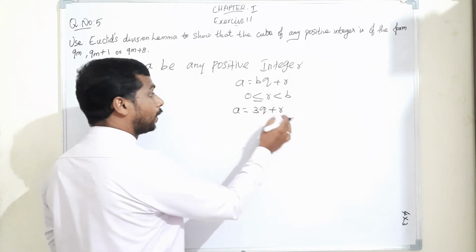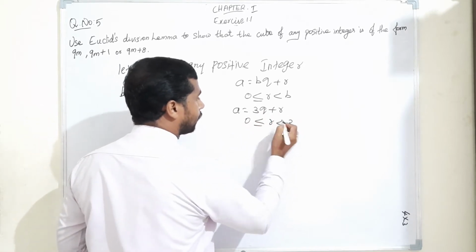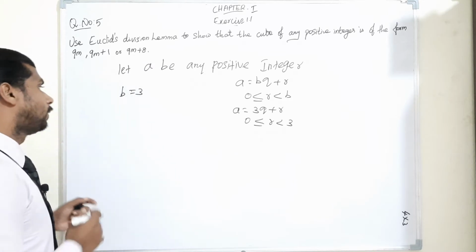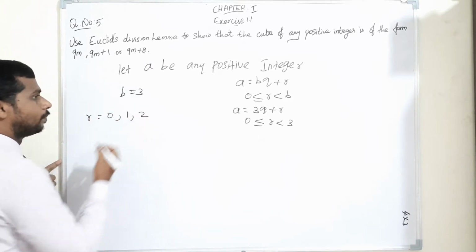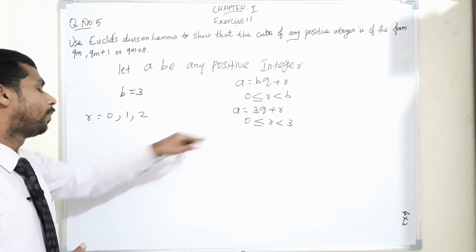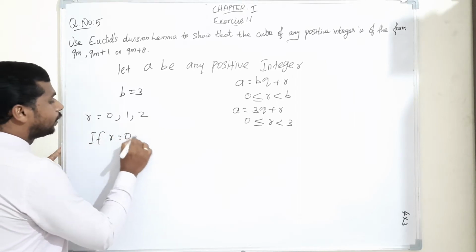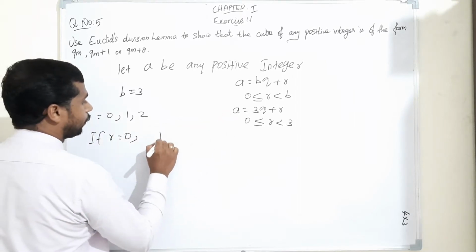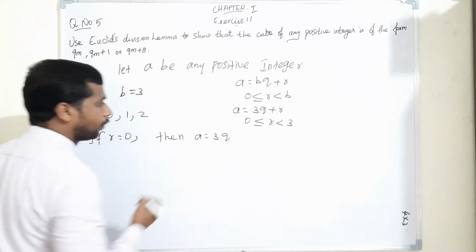Remainder less than 3, so the possible values of remainder are r equal to 0, 1 and 2, isn't it? So one by one we have to apply. If r is equal to 0, then a is equal to only 3q will come.